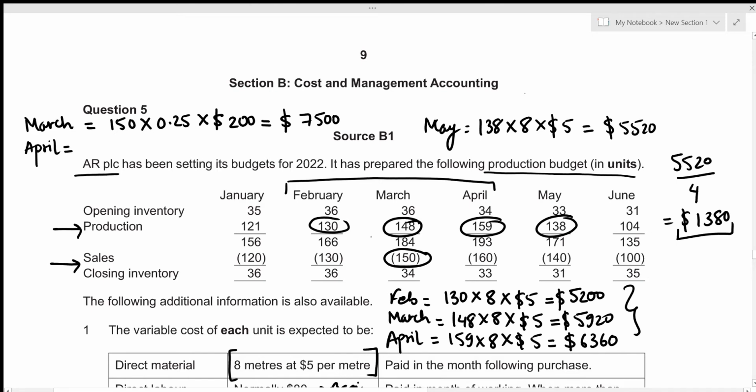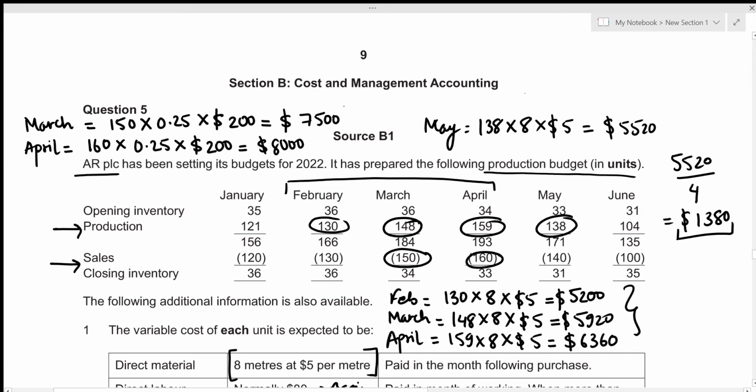So for April, the total number of sales is 160. Let's write it down. And out of these units, 25% relate to cash sales, so that's 0.25. And we know that the selling price per unit is 200. So this gives the total cash sales in the month of April to be 160 times 0.25 times 200, which results in 8,000.